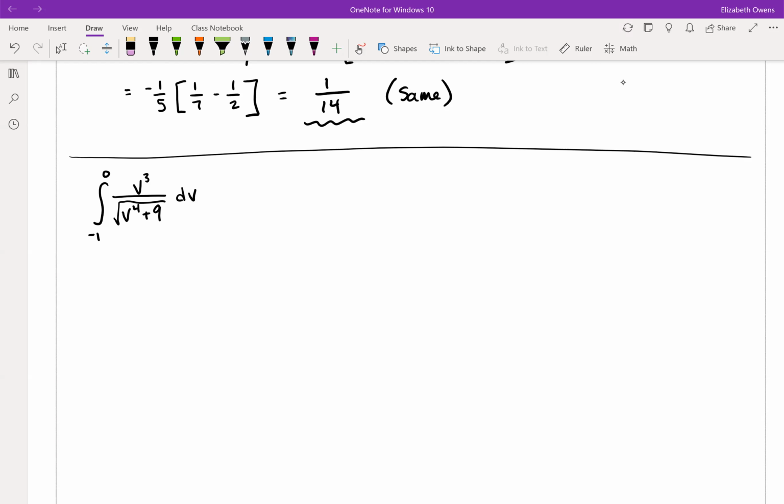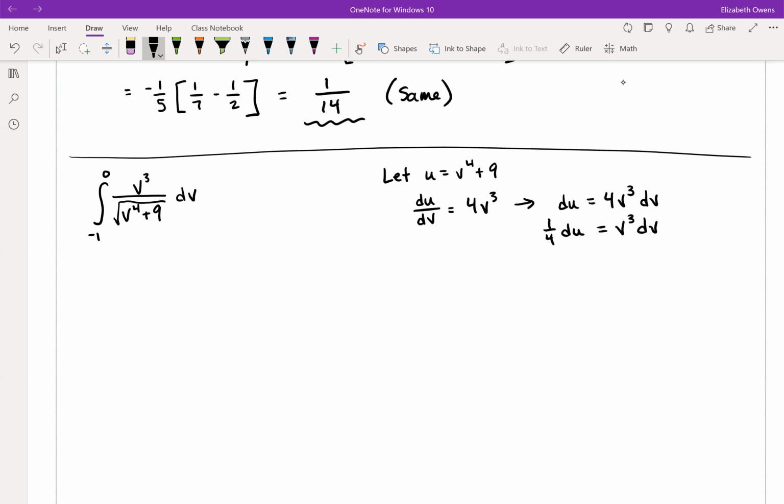All right. So since we just did this problem, we know that we're going to let u equal v to the 4th plus 9. That turned out well. No need to change it. du/dv is still 4v cubed. And so we get du is 4v cubed dv, and 1/4 du is going to replace v cubed dv.